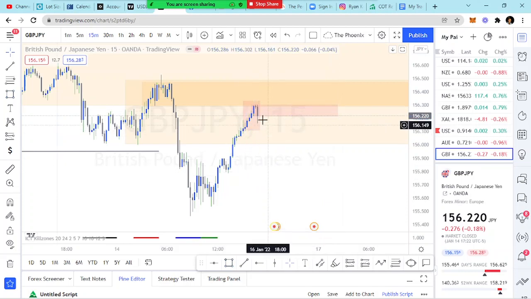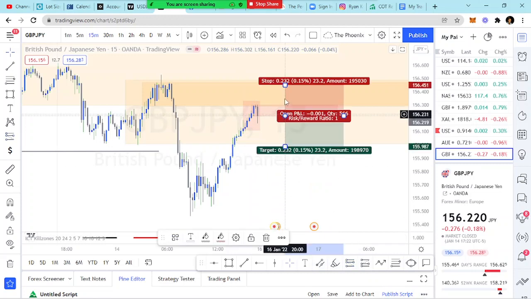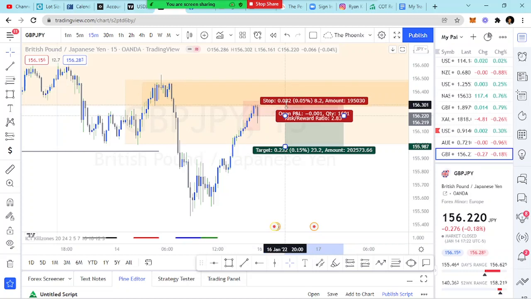I'm just using this as a way to tell the story. So we would enter at the open of the candle, because it's a bullish candle.